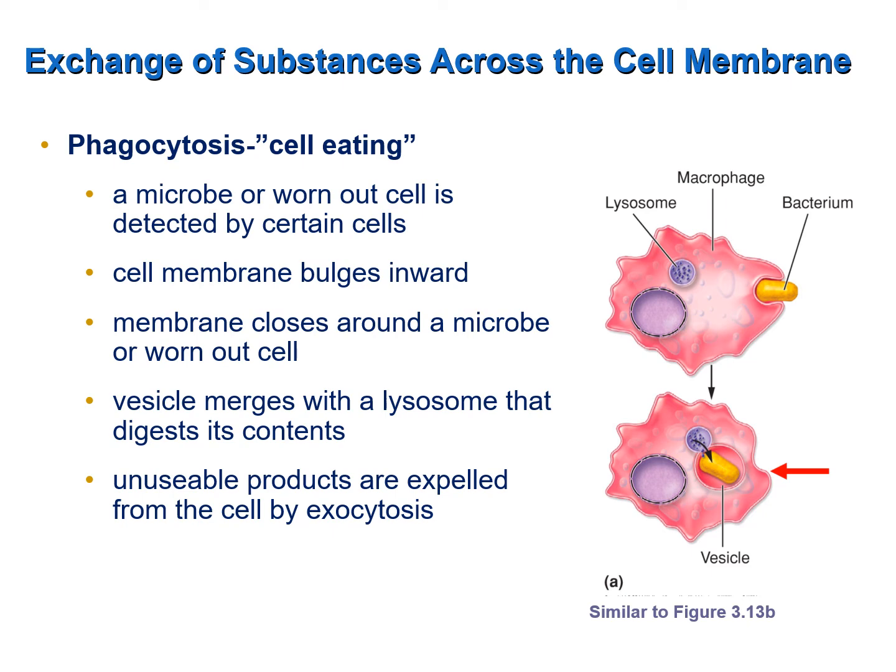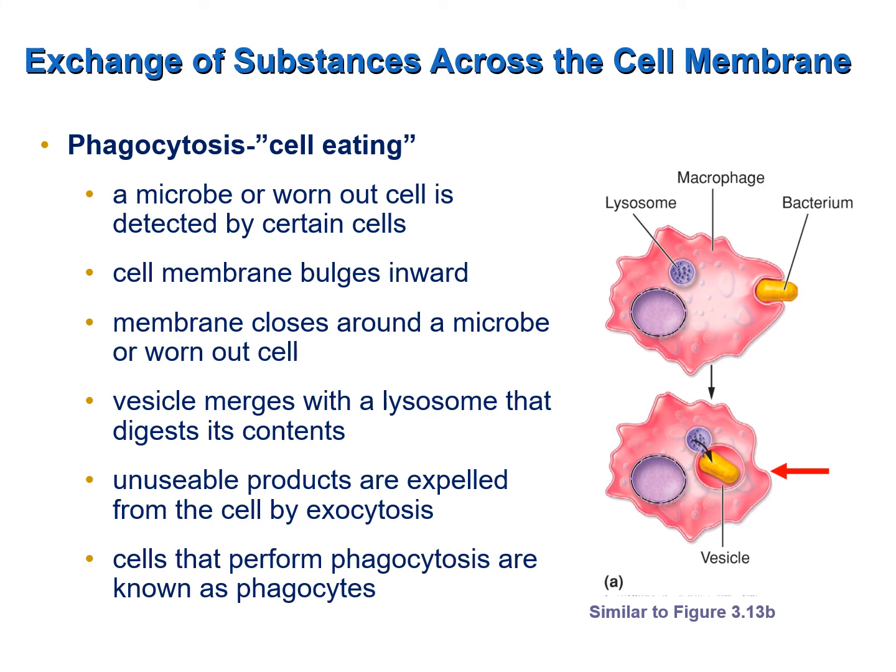The objects contained in the vesicles are digested, usable digestion products diffuse into the cytoplasm, while unusable products are expelled from the cell by exocytosis. Only a few cells of the immune system, such as neutrophils and macrophages, are capable of phagocytosis, and they are therefore known as phagocytes.